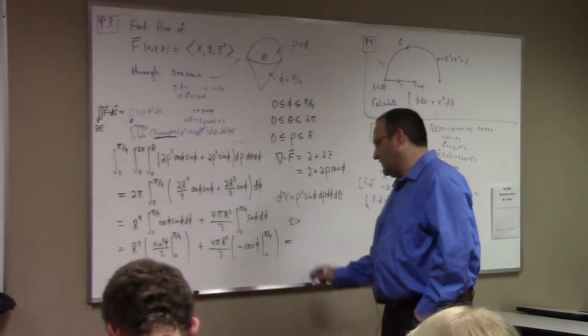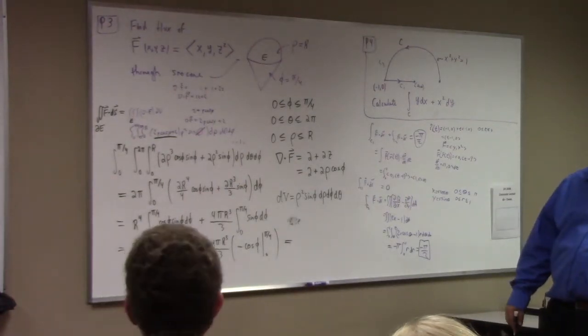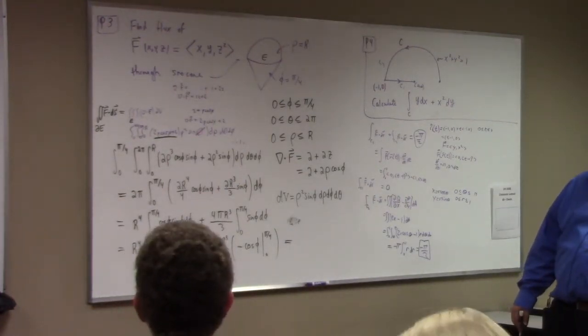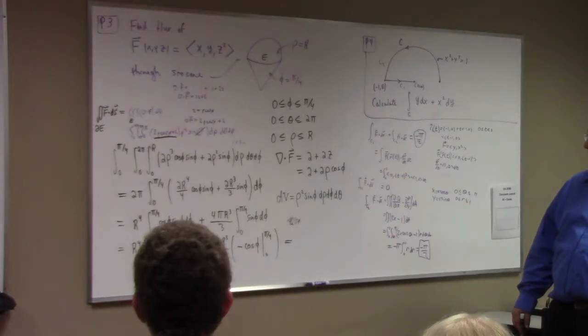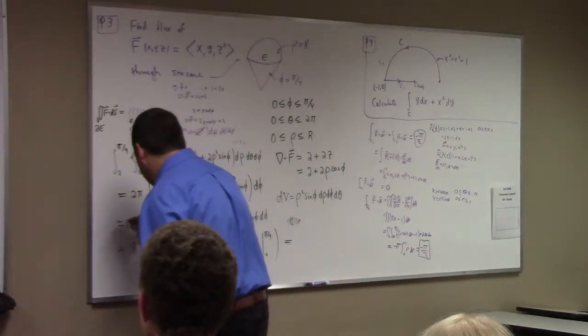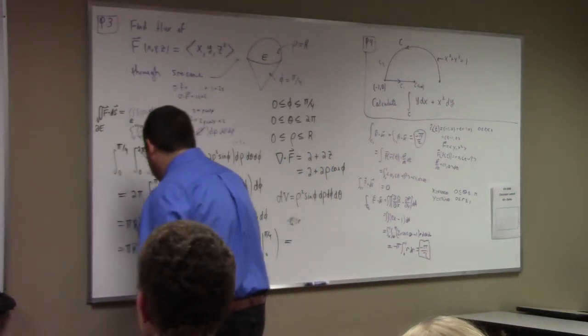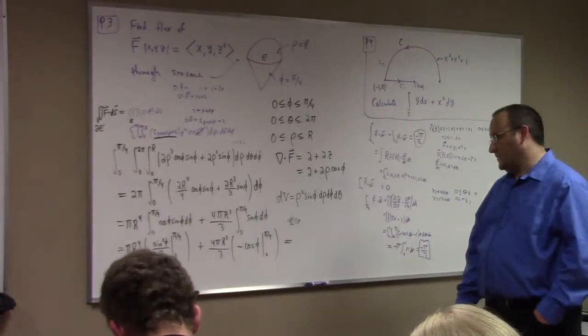If we differentiate sine squared phi, do we get back sine cosine? Yeah. What happened to the pi with the first term, the R4? Shouldn't it be pi R4? Oh, yeah. Thank you. Okay, I was worried it was something more nefarious. Okay, good. Yes, thank you.